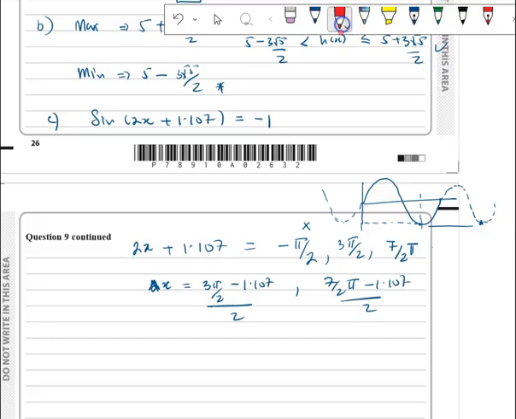The one I'm looking for is this one over here. Because remember, in the diagram I have 2 values. The first value is this one here. What I'm looking for is the second value, which is this. And that x value is going to be 4.944 radians. That will be the x value that I'm looking for. Thank you.